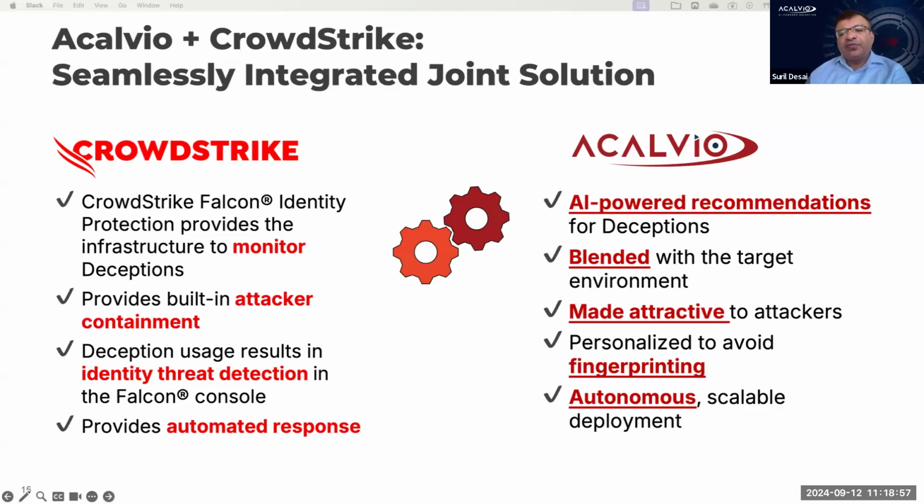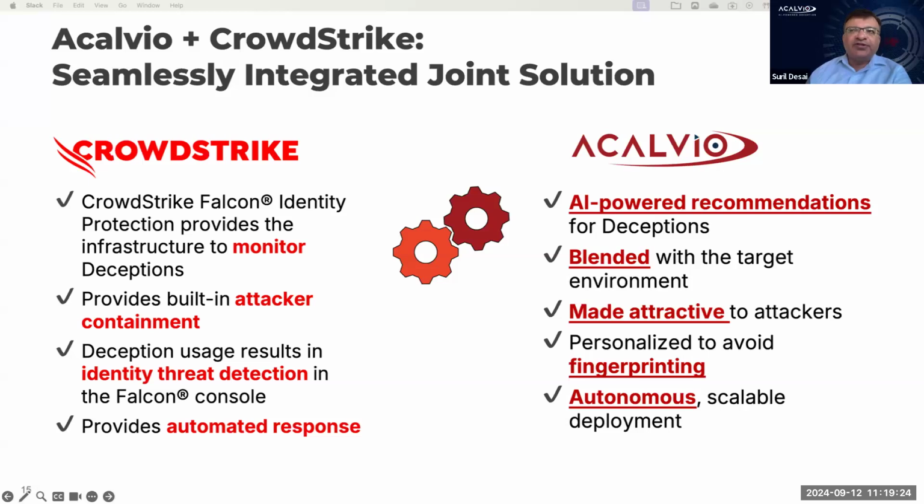What Acalvio is providing as part of this joint solution is the deception platform and the AI. Acalvio leverages AI algorithms to generate recommendations for the honey token accounts at scale. And so the 100 attributes that were required for the manual creation of the honey token accounts are fully automated as part of this joint solution.